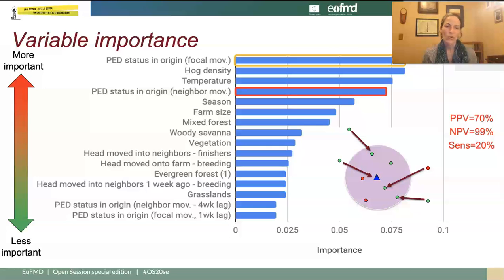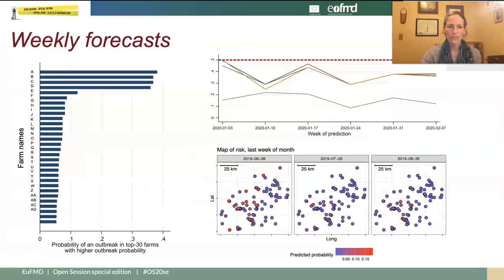So you may flag more outbreaks, but you also have more false alarms. Our partners indicate that they would rather have fewer false alarms and still miss some of the outbreaks, but have that information be truly actionable when they receive it. So this is how we ended up with this balance of positive predictive value and sensitivity, and it is something that we will continue to work on in the future to improve.